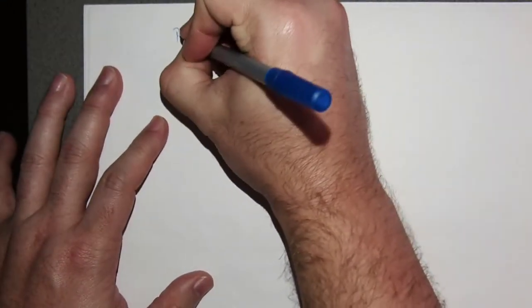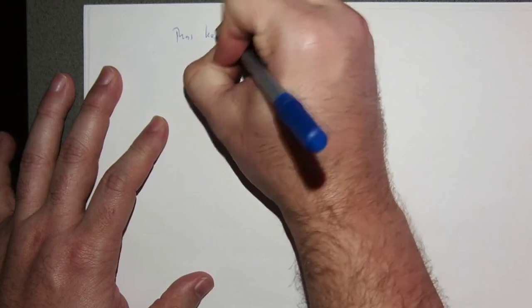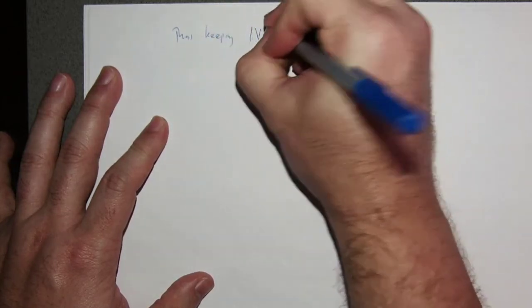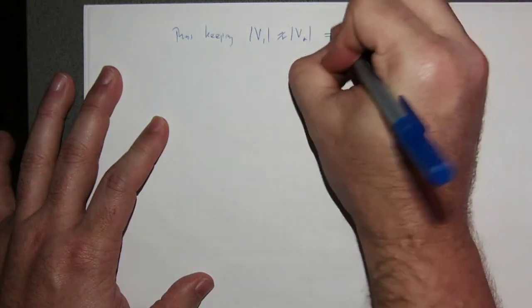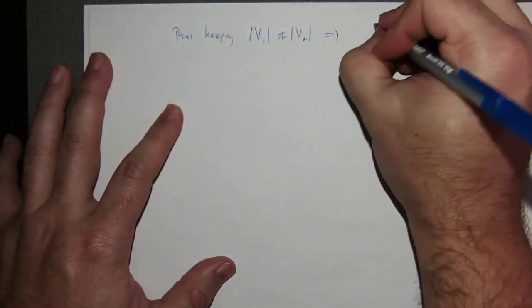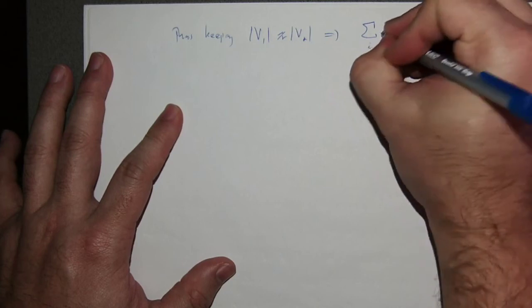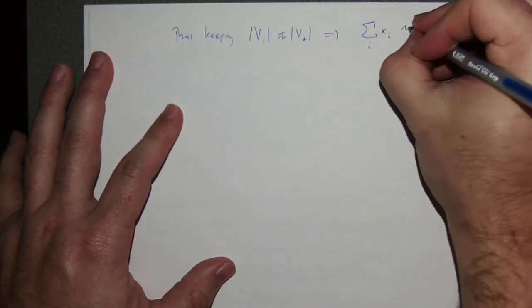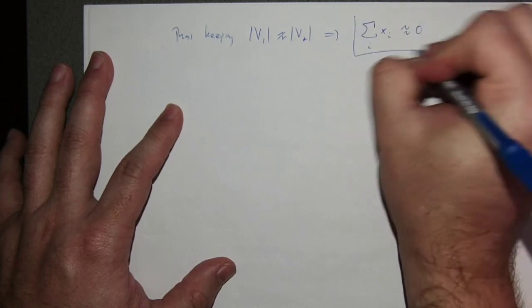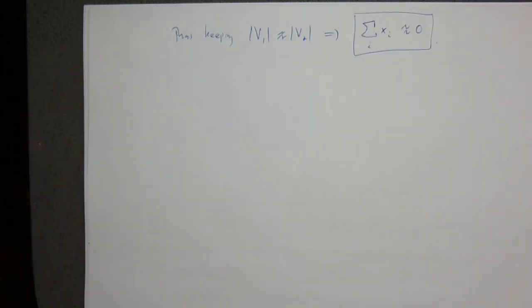Thus keeping the size of V1 approximately equal to the size of V2 implies keeping this sum of the entries in that sign vector approximately equal to 0. So not exactly equal to 0, but approximately equal to 0. This is really our goal of the Fiedler method.